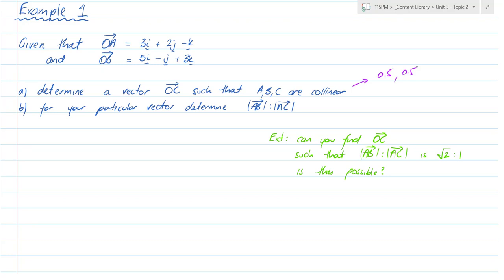So what I might do, just to make it a little bit different, is I might choose 2 and -1 as my values.